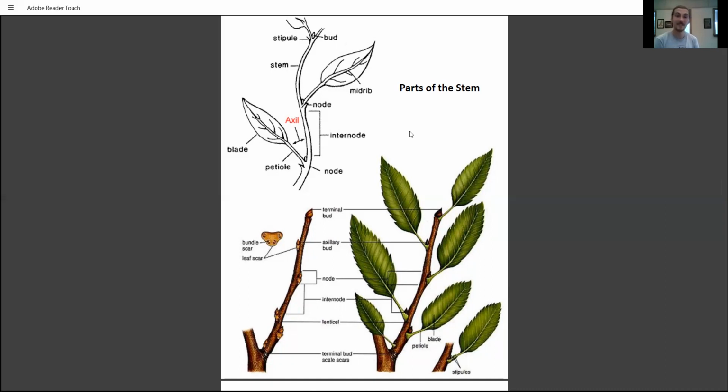Or especially if it's a guide helping you ID, it might ask you questions about, well, what is the shape of the petiole? How does the blade or the body of the leaf connect to the petiole? As in, what I mean by that would be where they connect. So we have our main rib of a leaf, shall we say, and it comes down into the petiole here before it connects to a larger branch.